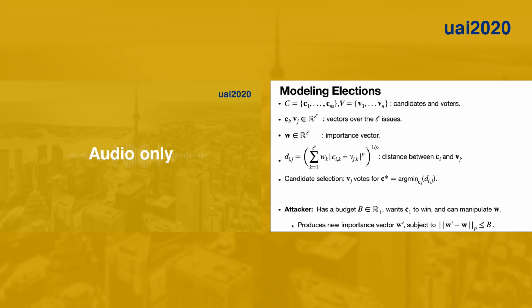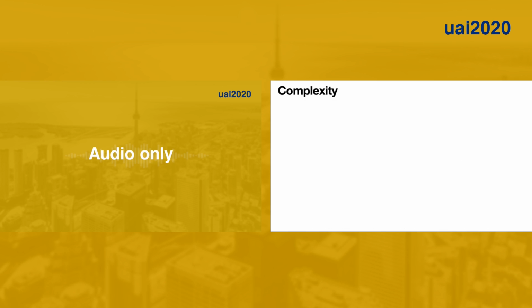And they can manipulate W by proposing a new importance vector, W prime, and they're just restricted such that W prime can't be too far from W in LP space. So we can propose a new importance vector. It just can't be too far from the original significance of issues.